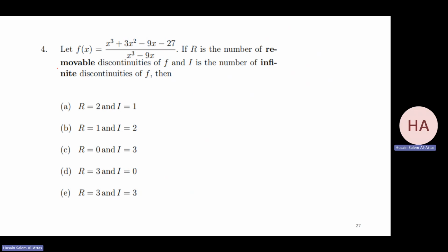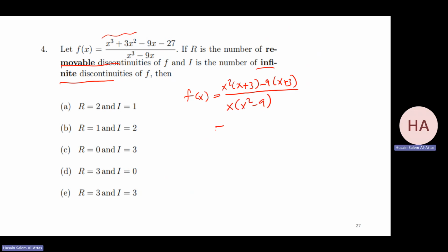Okay, number of removable and number of infinite discontinuities. First, I need to simplify the function here by grouping. So I have x squared times x plus 3, minus 9 times x plus 3, over x times x squared minus 9. So I have x squared minus 9 times x plus 3 over x times x squared minus 9.